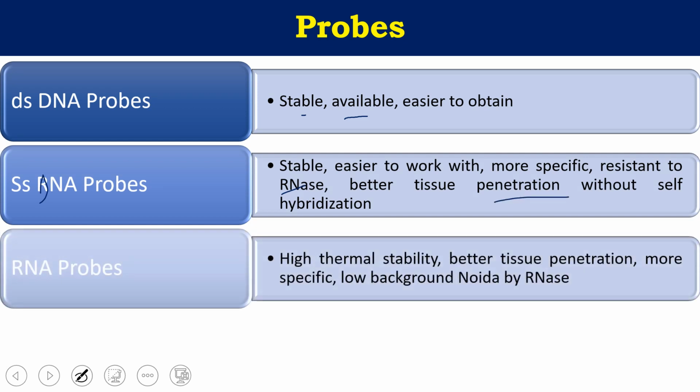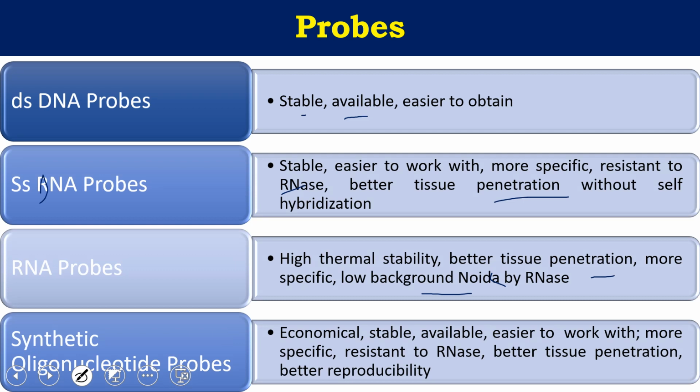Then we have normal RNA probes, with high thermal stability, better tissue penetration, specificity, and low background noise. And then you can have synthetic probes, which are economical, stable, available, easier to work with, more specific, resistant to RNases, and with better tissue penetration.